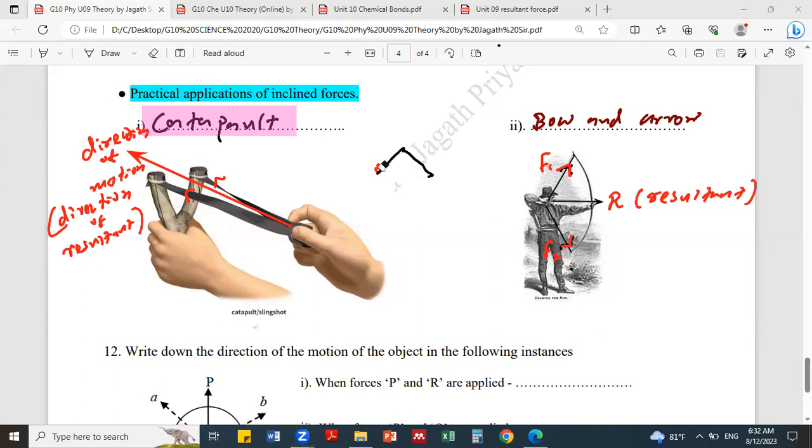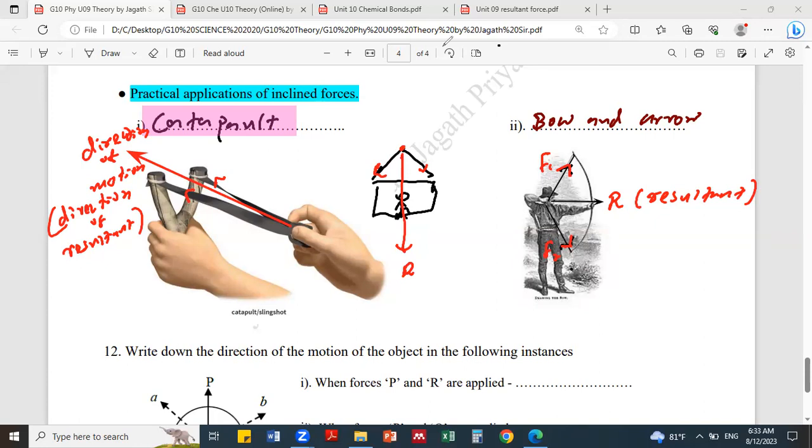So this is the picture, this is one force, and this is the resultant. The resultant is acting downward like that.